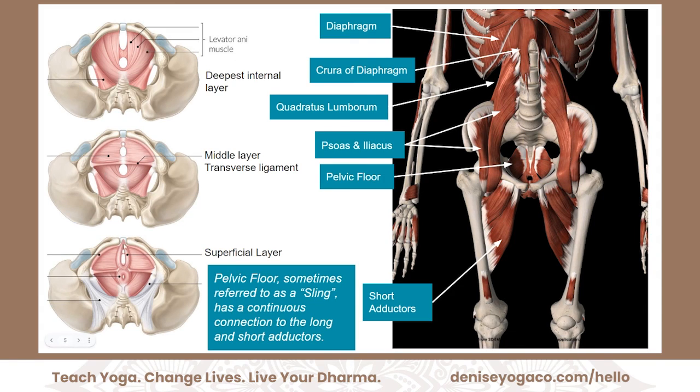And then you have your most superficial layer here. You can see there's a number of different fiber directions, but taken as a whole, when you activate the pelvic floor, it's an uplifting energy. You feel like you're lifting the pelvic floor. So elevating the pelvic floor, or drawing upward, pulling the energy upward, all of that reflects what's actually happening at the pelvic floor.